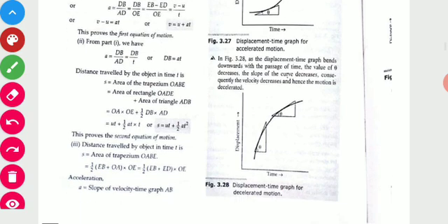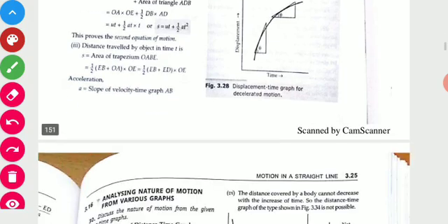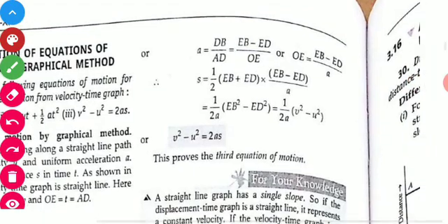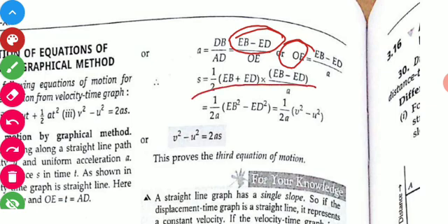Here a is acceleration, which is equal to the slope of the velocity time graph, so a is equal to dB upon AD. We calculate dB by subtracting, and from here we can calculate the value of OE. After calculating OE, we put it in the equation for S.